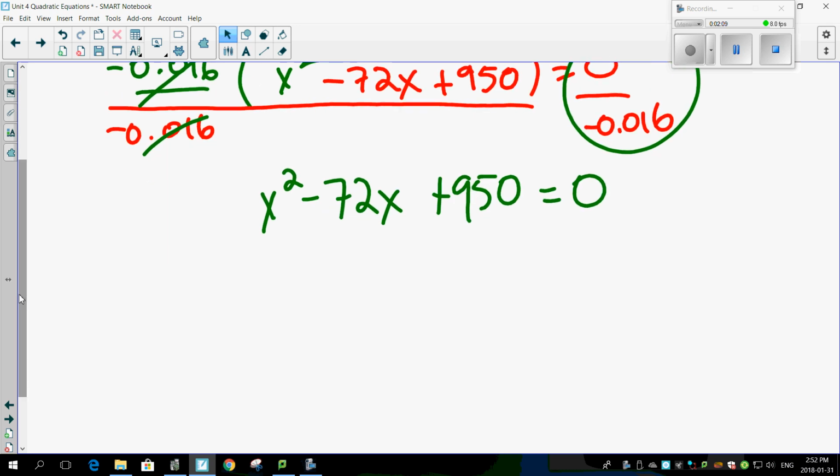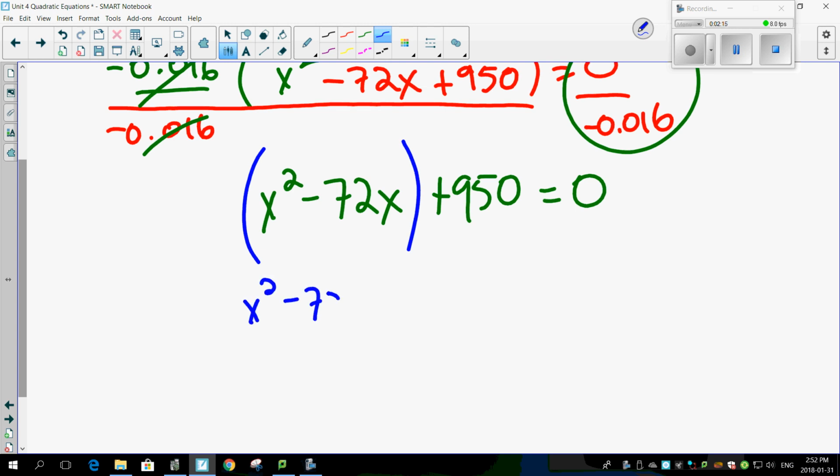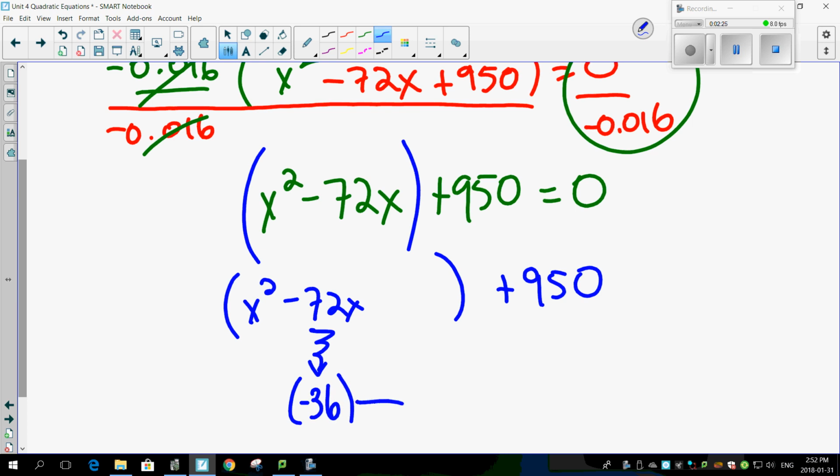Okay, so just like before, completing the square, those guys go together to give you x squared minus 72x. The 950, because it doesn't cooperate, is out here. Magic number. There we go. It's minus 36 because it's half of 72. Let's square minus 36.